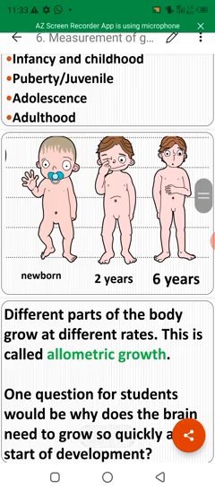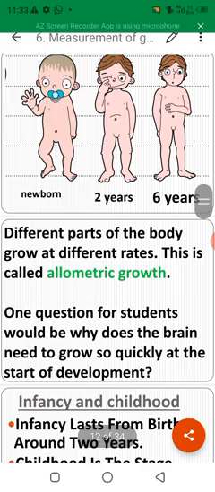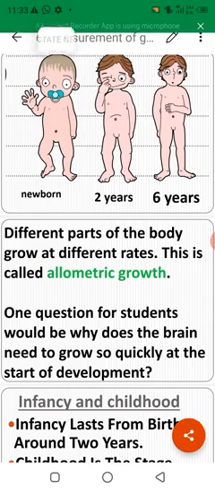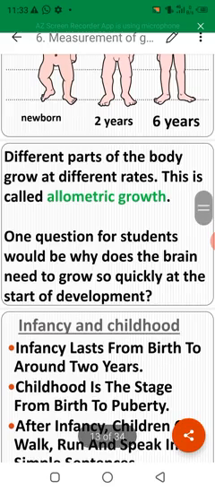You can see the picture from a newborn baby, and when it's 2 years, and when he is 6 years. So different parts of the body grow at different rates. This is called allometric growth. The way our legs are growing is not the way our heads are growing. The way our hands are growing is not the way our mouth is growing. They grow at different rates.